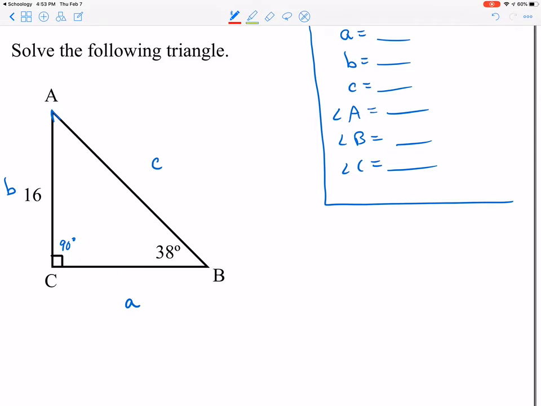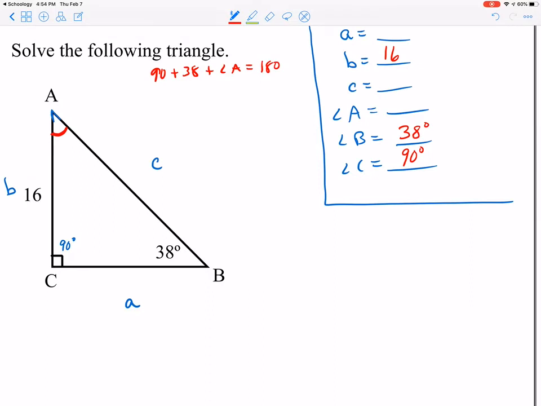Let's write down our given. Our angle B is 38 degrees. Our angle C is 90 degrees. And the side length of B is 16. So our goal is to find the other angle. Let's find angle A. We could just do 90 plus 38 plus angle A equals 180.